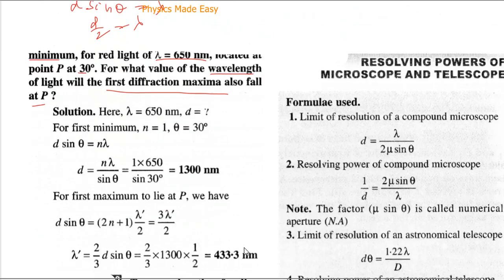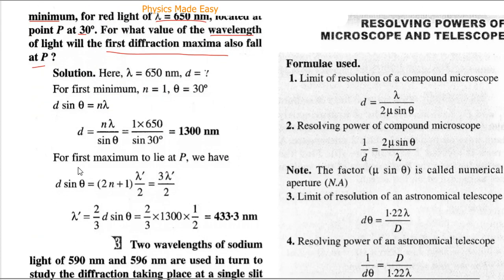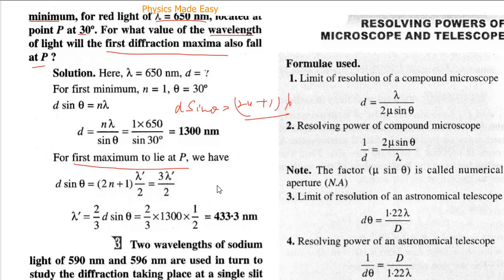For the first diffraction maxima, the condition is d sin theta is equal to (2n plus 1) into lambda by 2. Now 30 degrees is given, d is given, you can find out lambda, nothing new.